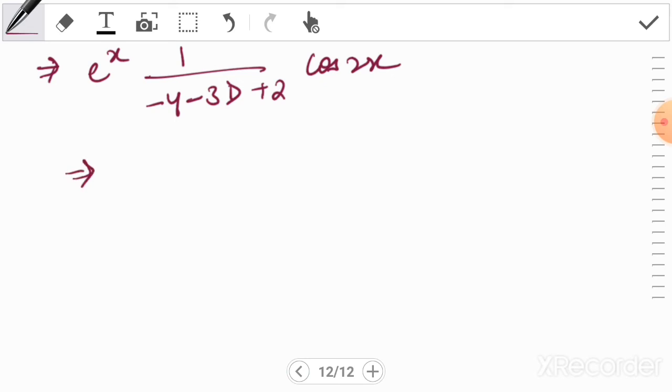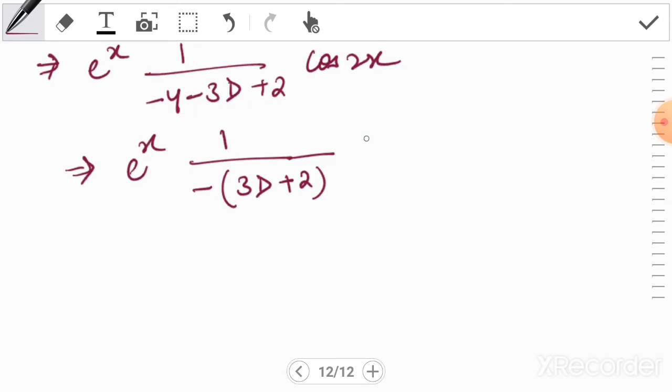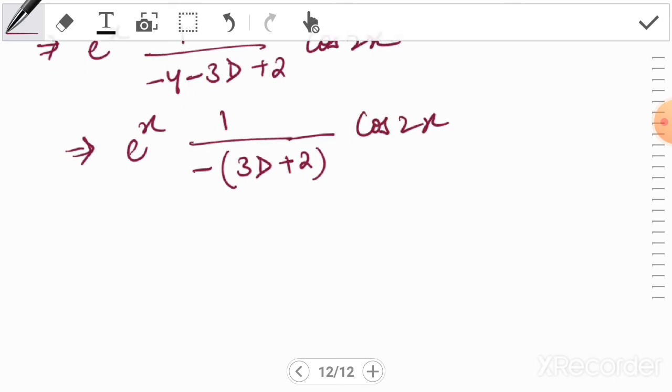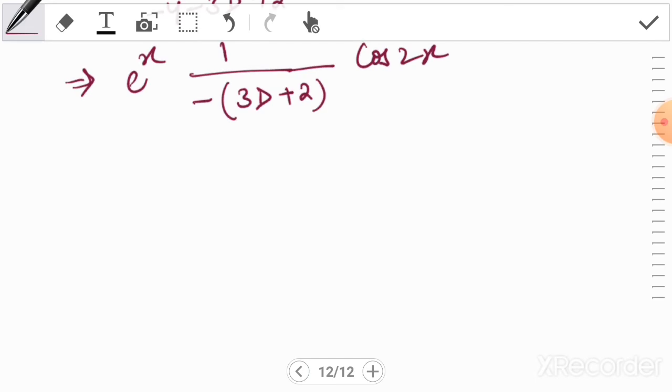Again, so minus 2 minus 3D, e^x times 1 by minus 3D minus 2 plus 2, cos 2x, right?